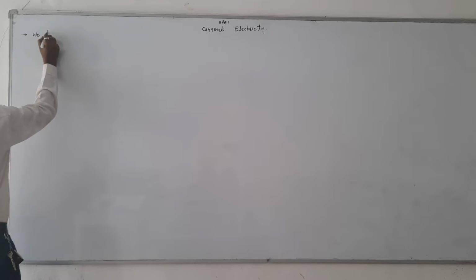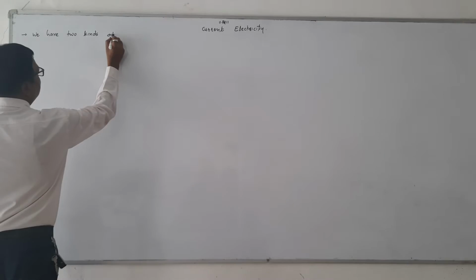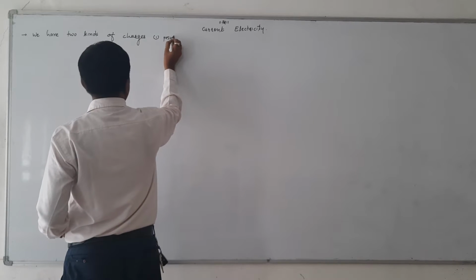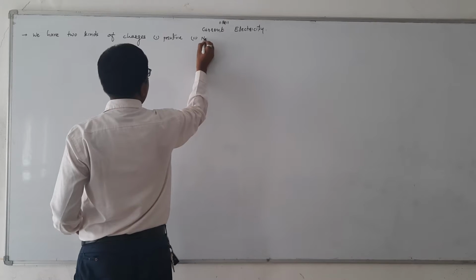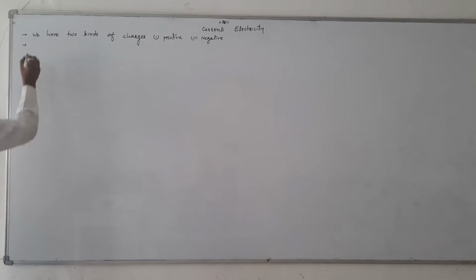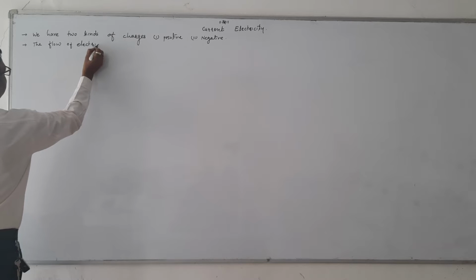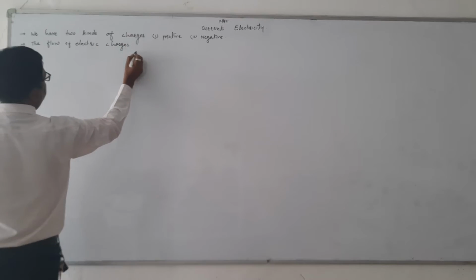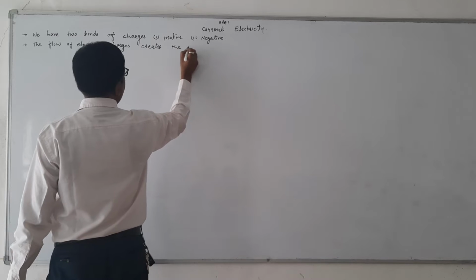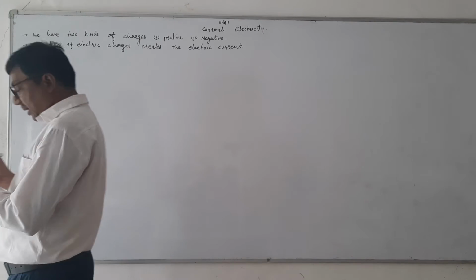Here we have two kinds of charges, one positive and second one negative, and the flow of electric charge creates electric current. So you can understand that.